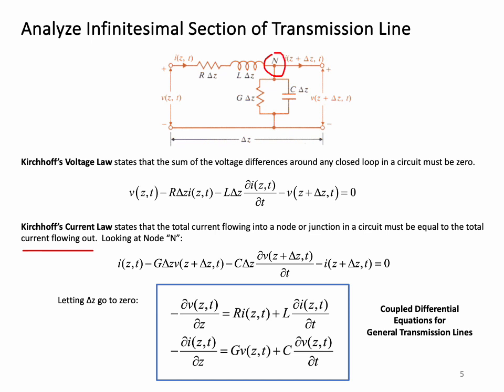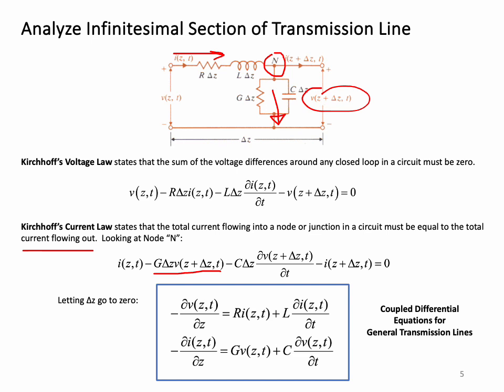In node N, we have current I of Z,t flowing into it, and flowing out of that node, we have several currents. We have the currents flowing through the conductance G and the capacitance C. The conductance current is G delta Z, the conductance, times the voltage across that conductor, which is V of Z plus delta Z,t.